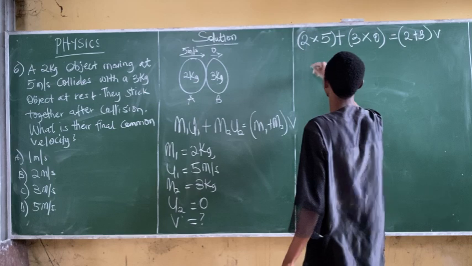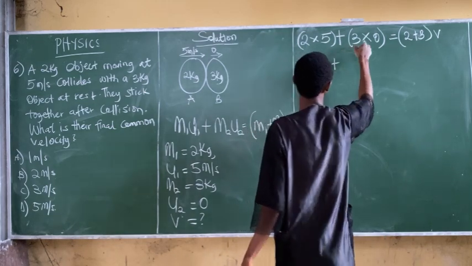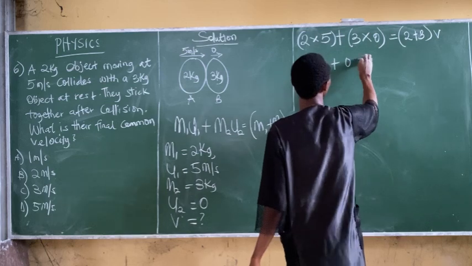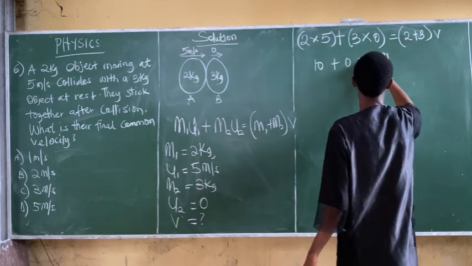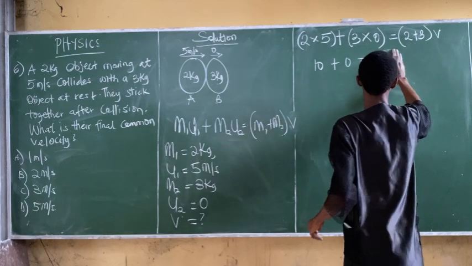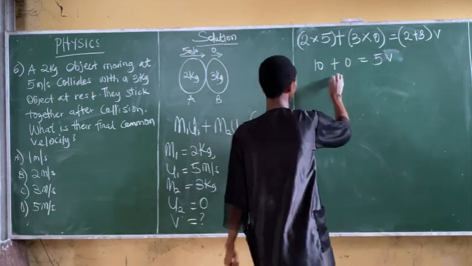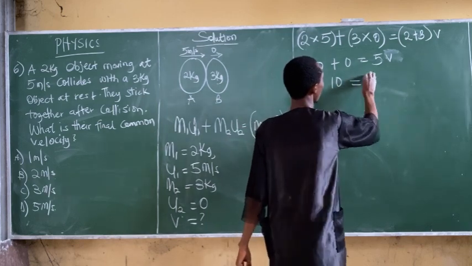2 times 5 will give us 10, plus 3 times 0, we have 0. This is equal to 2 plus 3 gives us 5v. 10 plus 0 gives us 10, is equal to 5v.